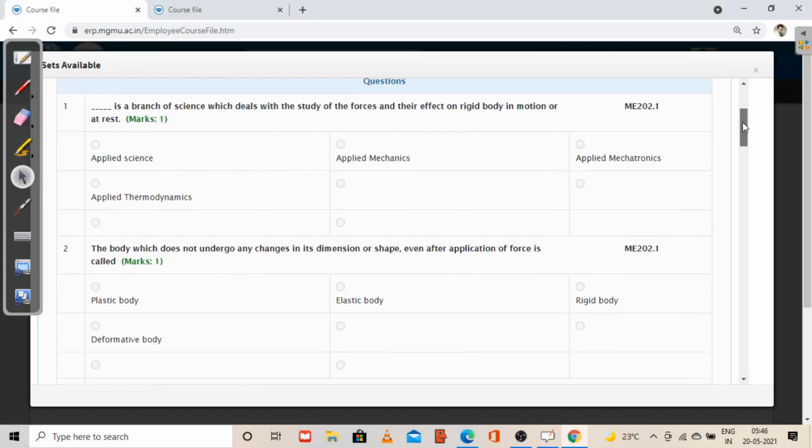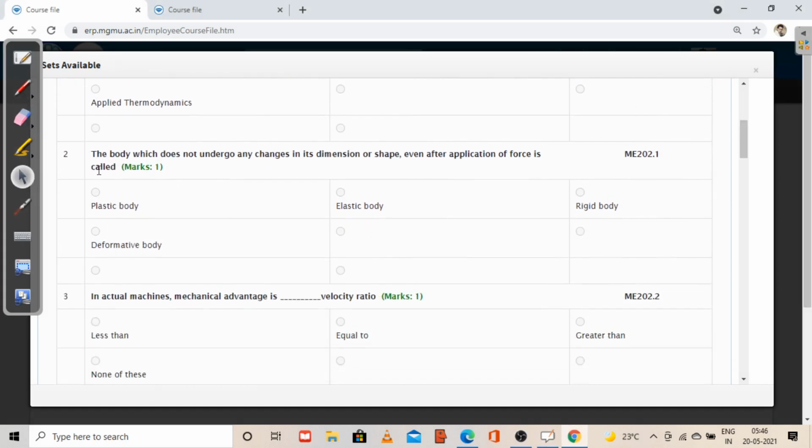The second question is the body which does not undergo any changes in its dimension or shape. It is saying does not undergo even after application of force. Now plastic body पे अगर आप force apply करेंगे, so it will show some deformation.